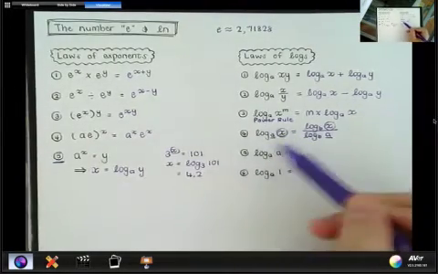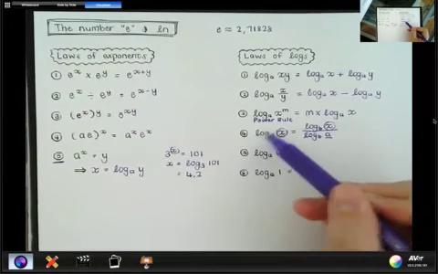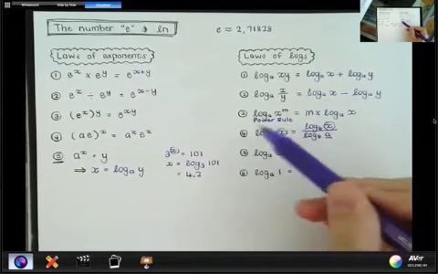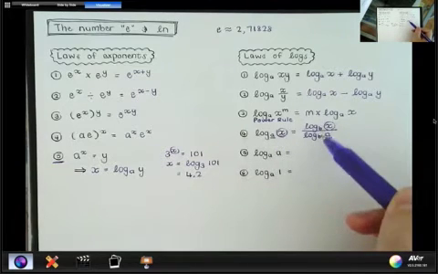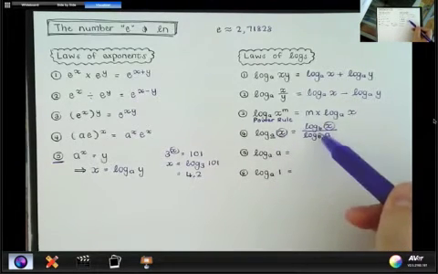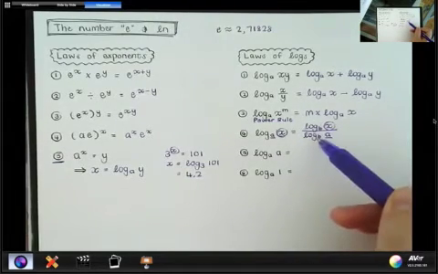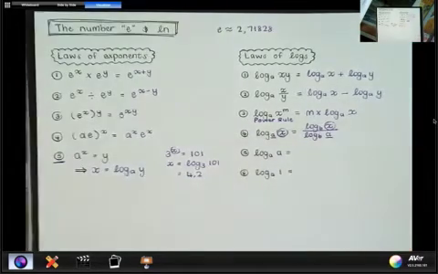You can change this into log of x over log of a, so log of the big number over log of the base, but then you need to invent a new base of that log. So the base originally was a, now the base is b, so that can be any base as long as you take the same base at the top and at the bottom.